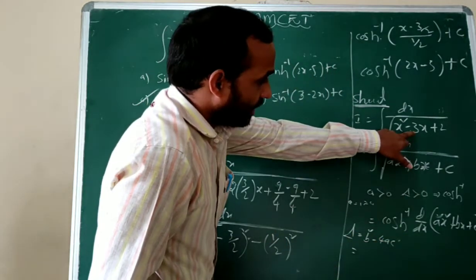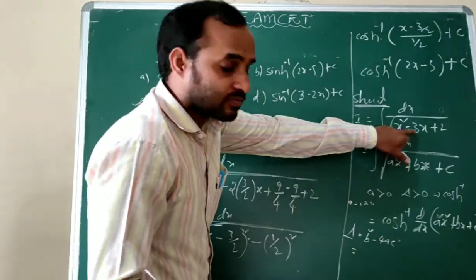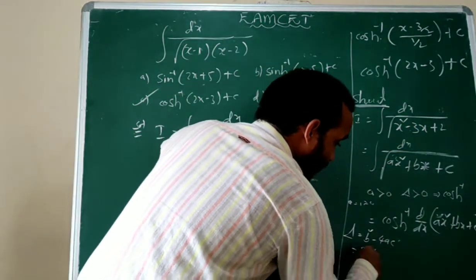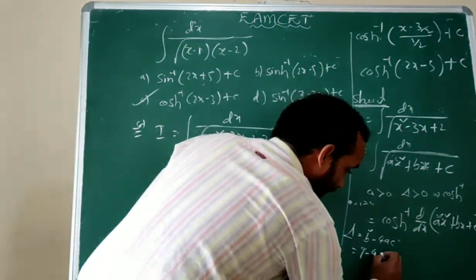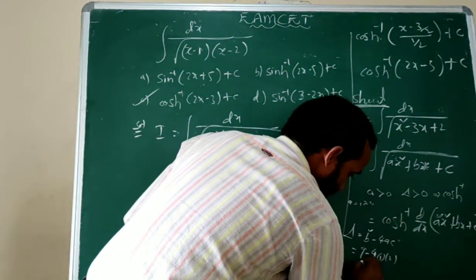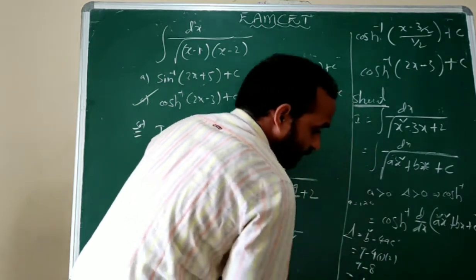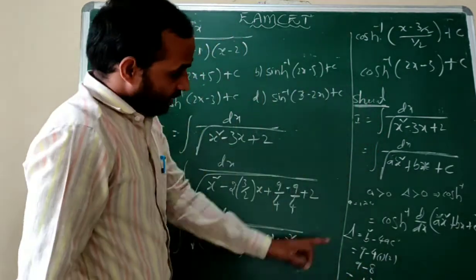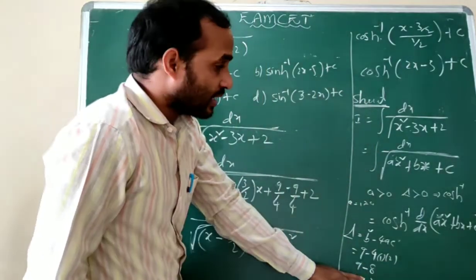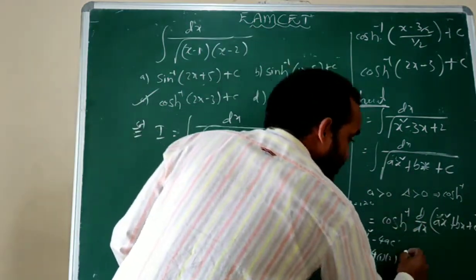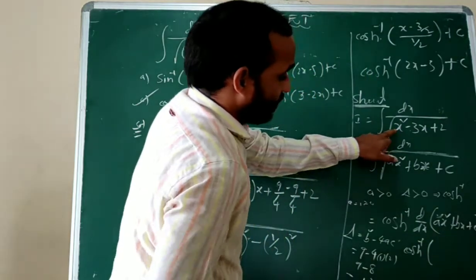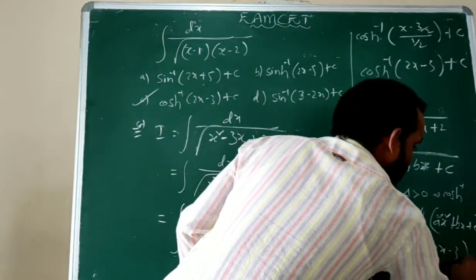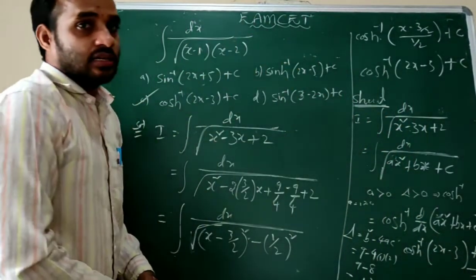Here b is minus 3, minus 3 whole square is 9, minus 4 into a is 1, c is 2, 4 twos are 8, so 9 minus 8 is equal to 1, also greater than 0. Therefore cos h inverse of the derivative of the polynomial, that is 2x minus 3, plus c is the answer.